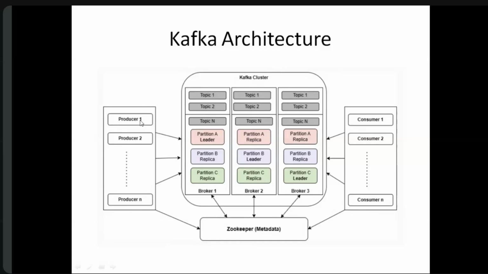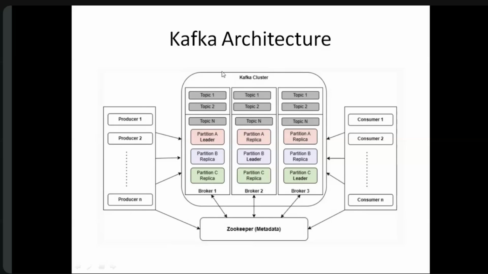Example I gave you on the first day itself: Netflix, Hotstar, Uber, and many such applications. Producers will generate the data, and data will go to the Kafka cluster. This big box is my Kafka cluster, and you can see there are three brokers: broker 1, broker 2, broker 3. Now, how will each broker look?